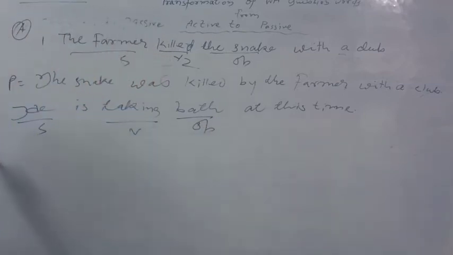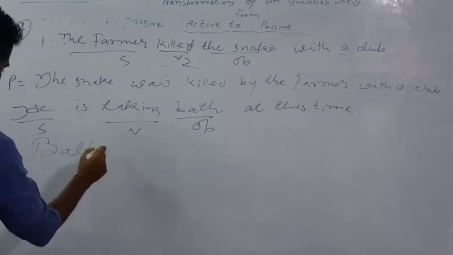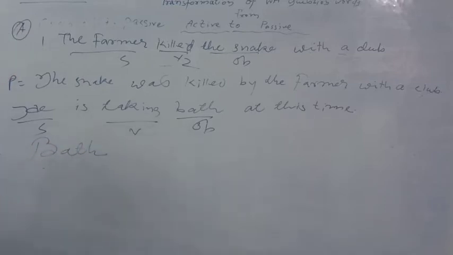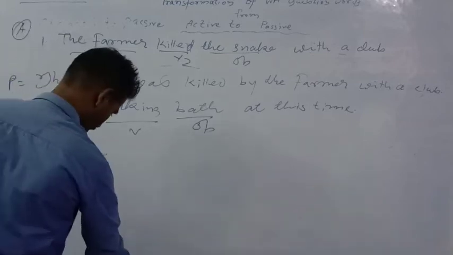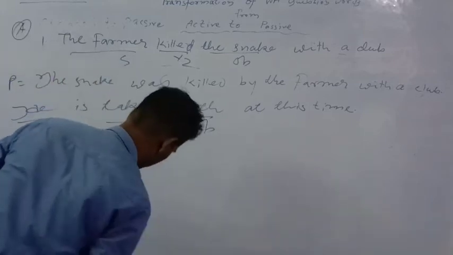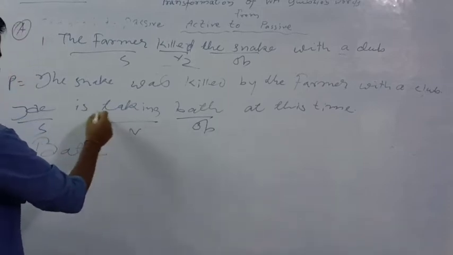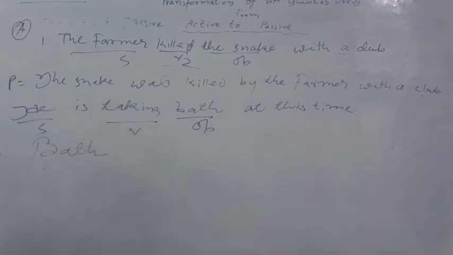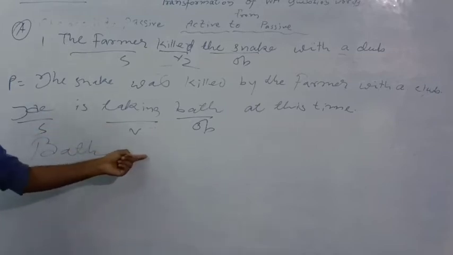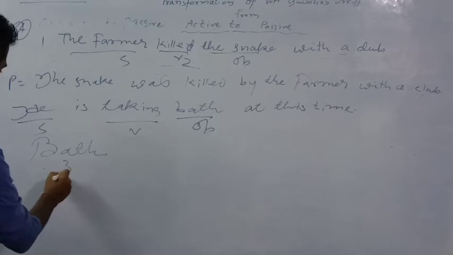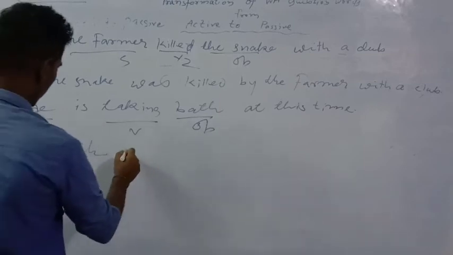So the passive form will be: bat, then is taking, that is present continuous tense. So present form of the verb am, is, are. Since bat is third person singular number, so what will come?